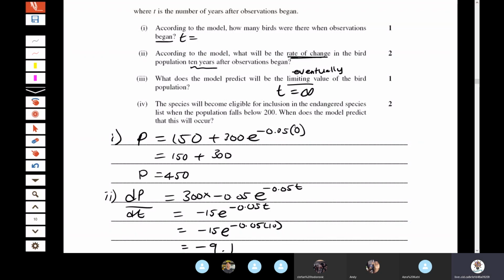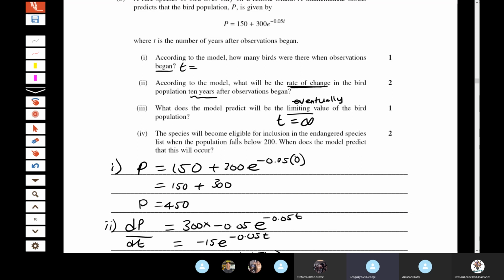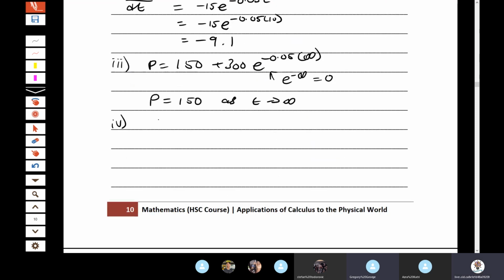Greg, what would you do? So I would make it equal to, like, P equal 200. And obviously what letter would you solve for? You would solve for t. Done. Exactly like the question we just did above with Andy had said. It's pretty much the same idea.